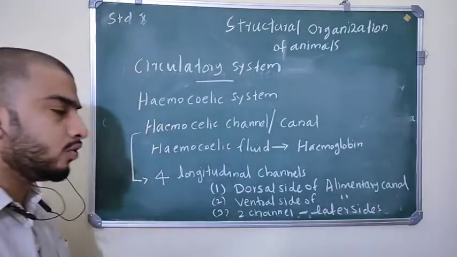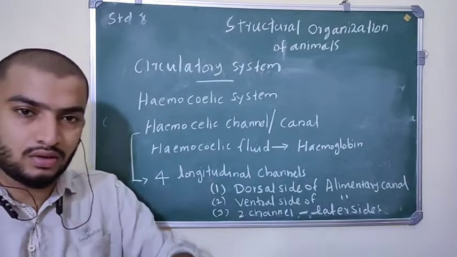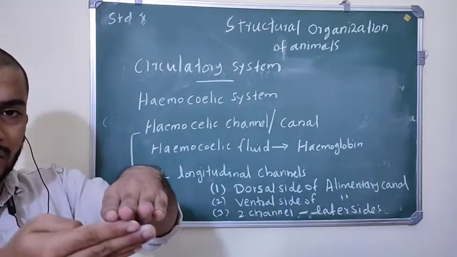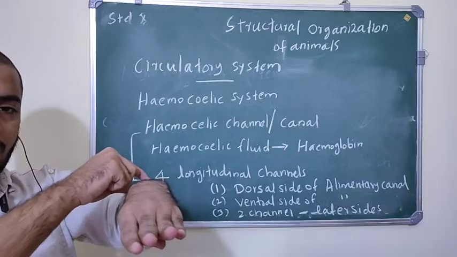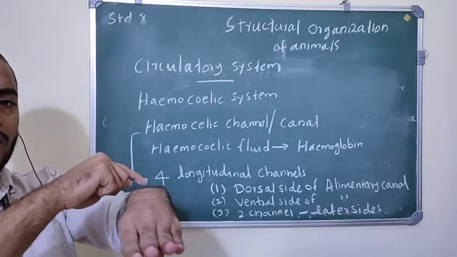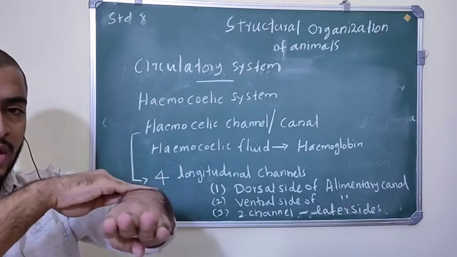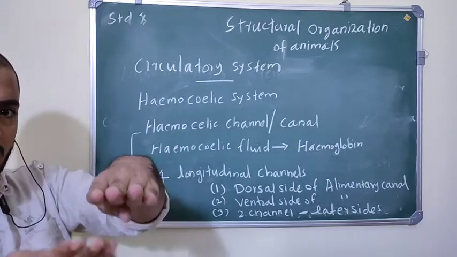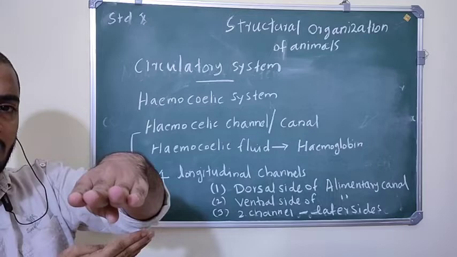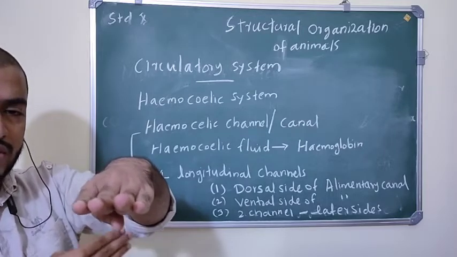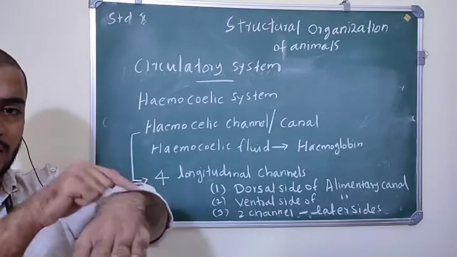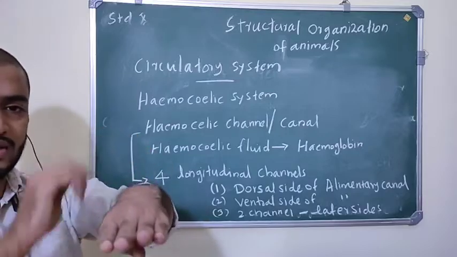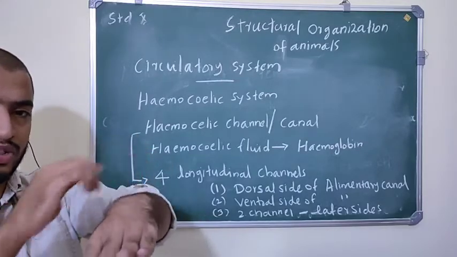So you already know what is dorsal and what is ventral. Dorsal means upper side, ventral means lower side. So one longitudinal channel is present on the dorsal side of the alimentary canal, one on the ventral side, and 2 other channels are in lateral position.